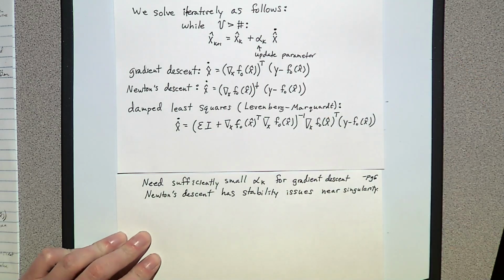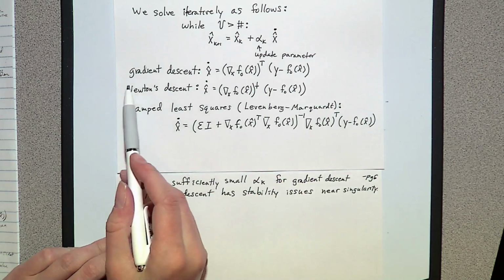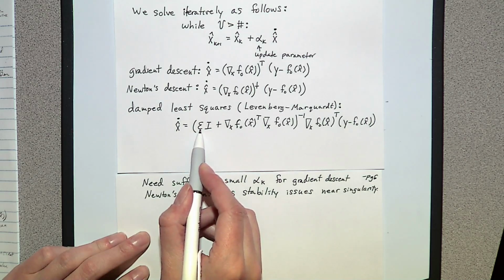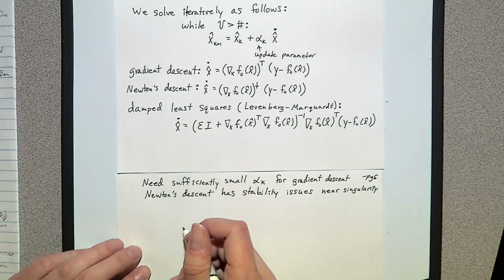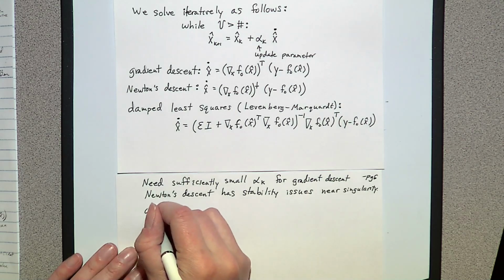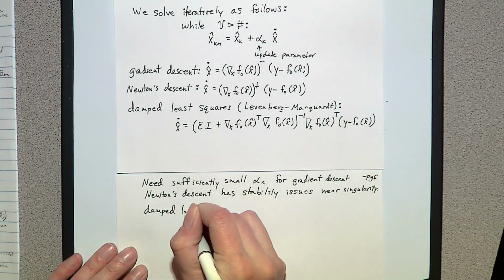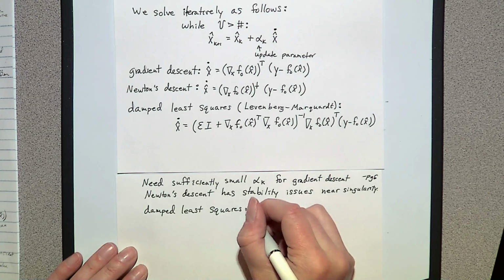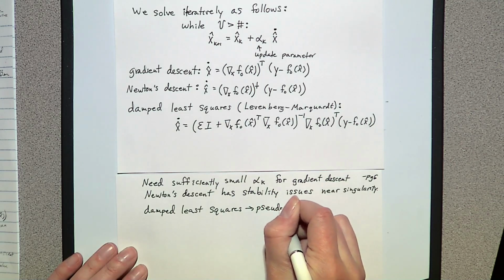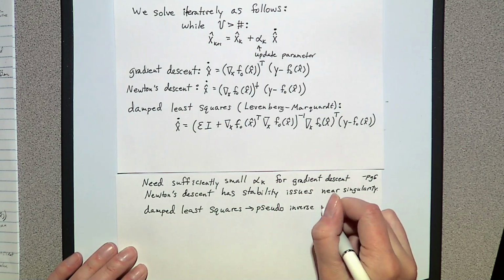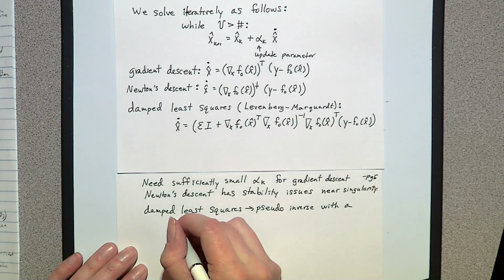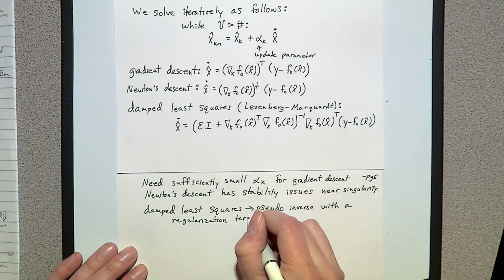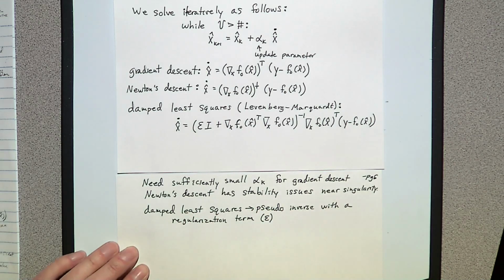And so the damped least squares tries to give you a trade-off between these two. What it does is it adds this epsilon term here. The damped least squares is basically the pseudo-inverse with what we call a regularization term, which is that epsilon.